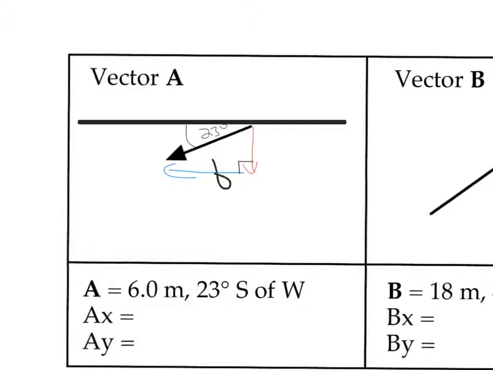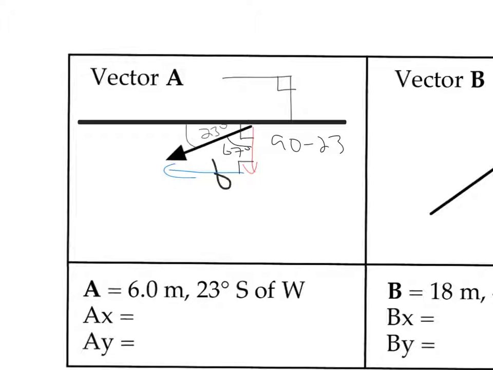If we have a right angle, we know that this is 90 degrees. So if this part of the right angle is 23, the rest of it is going to be 90 minus 23, which gives us an angle. So this angle here is 67 degrees.